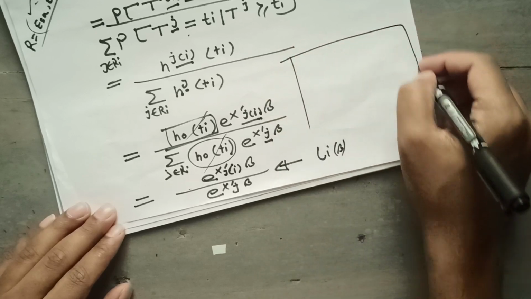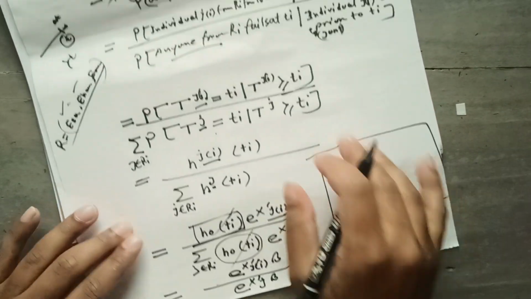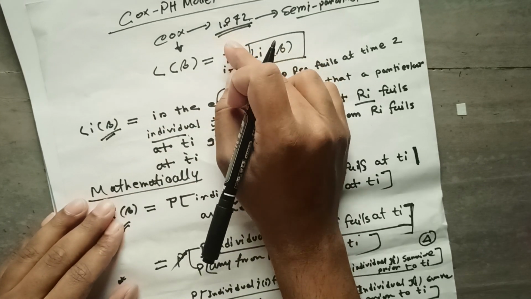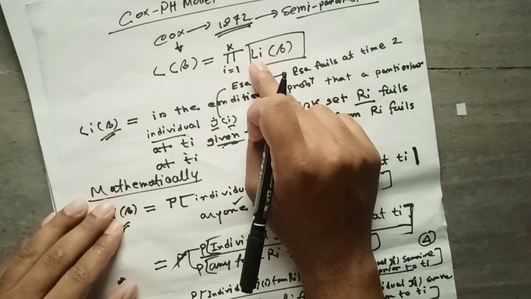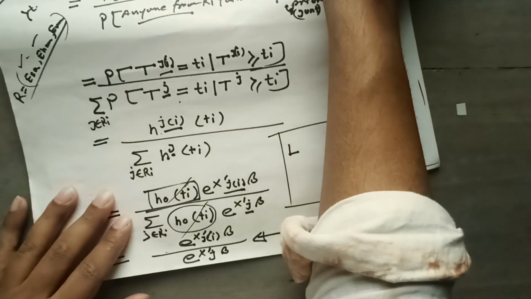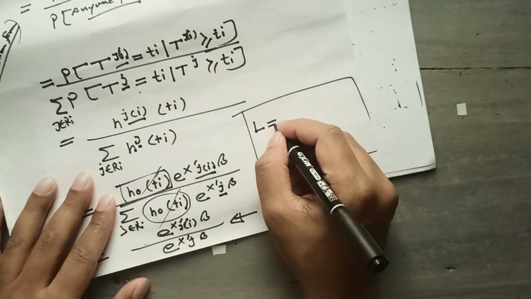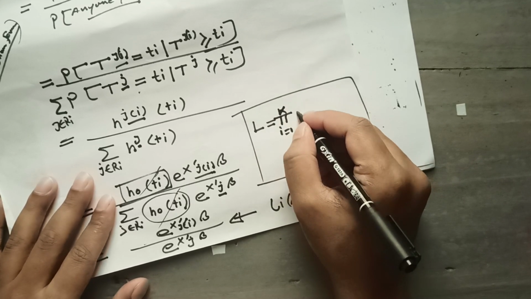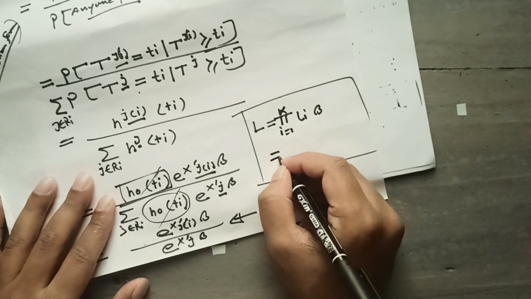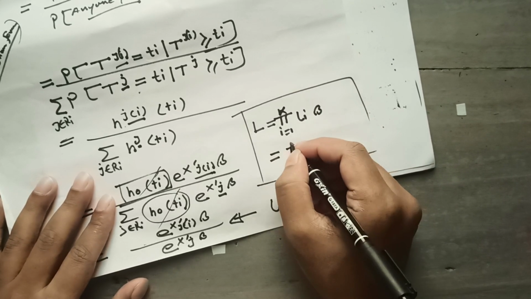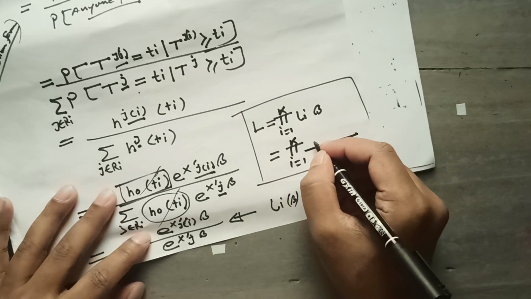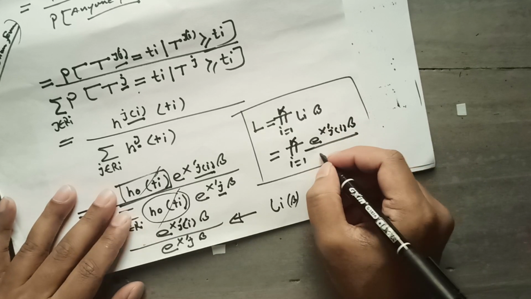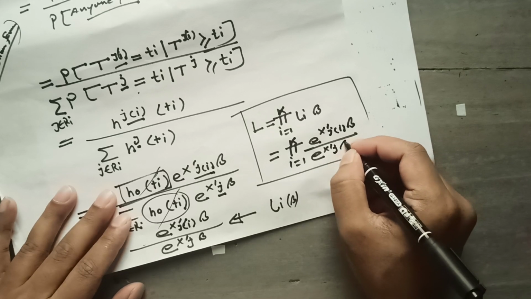Now it is very easy to find the likelihood, because we already defined that the likelihood of beta is the product from 1 up to k, where k is the ordered time points, of Li beta. So L will be the product of i from 1 to k of e to the power x prime Ji beta over the sum of e to the power x prime j beta.